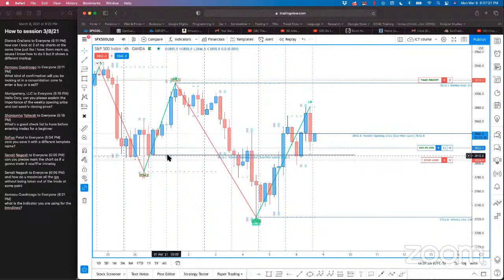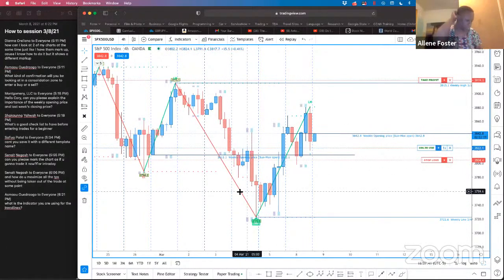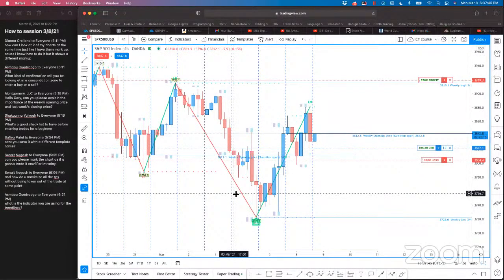And depending on what day it is, that becomes even more important, right? So just like throughout a single day, I focus on the New York candles and London candles, throughout the week you need to focus on Tuesday and Wednesday, because that's when the turn of the market is in most cases.